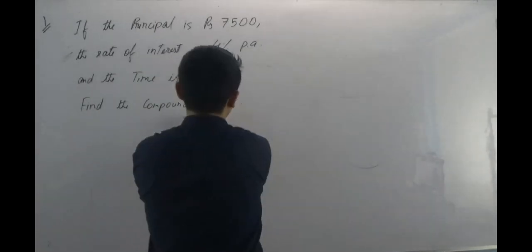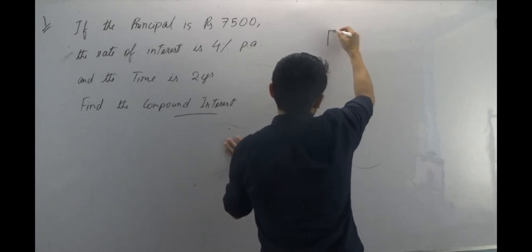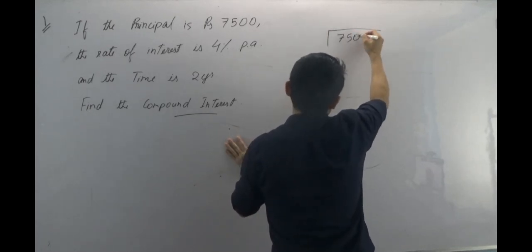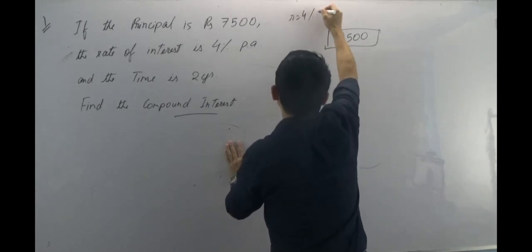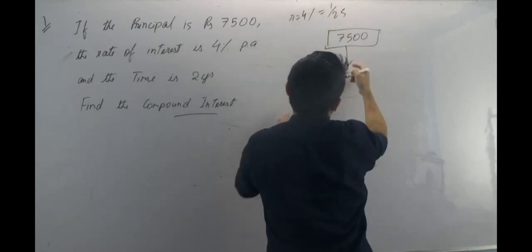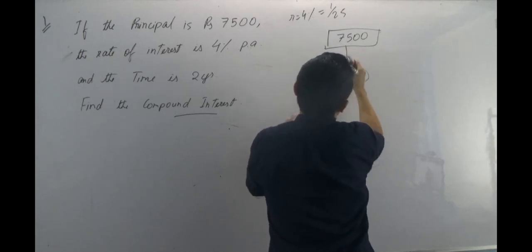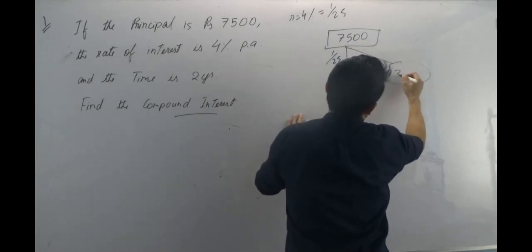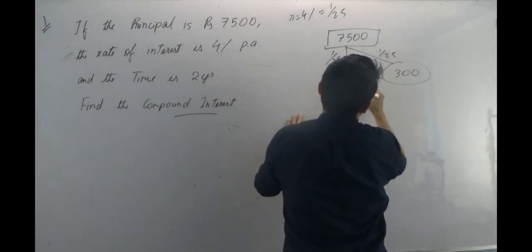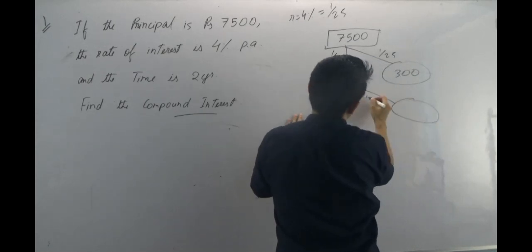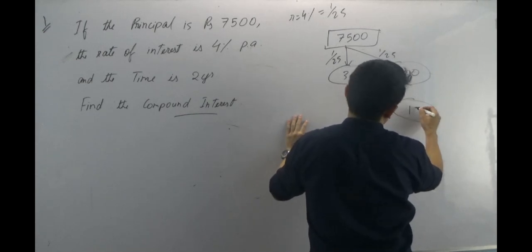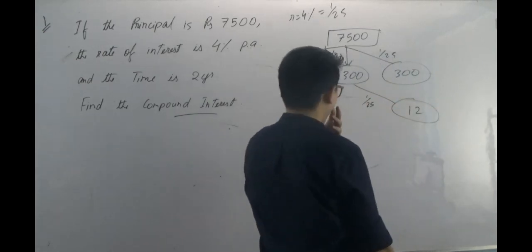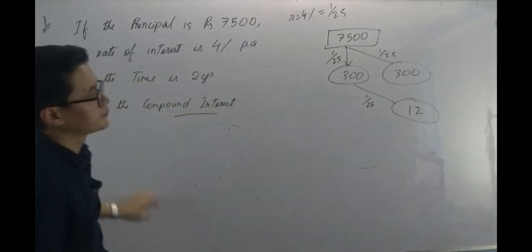So compound interest question. The rate is 4%, that is 1 by 25. Divide by 1 by 25, multiply. 300 is there. The interest on interest, 1 by 25 of 300 is 12.